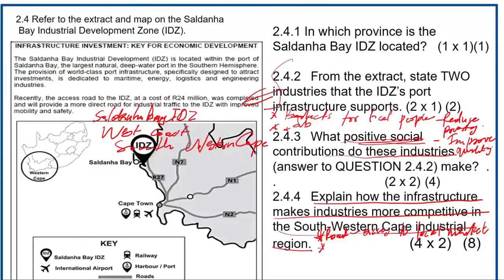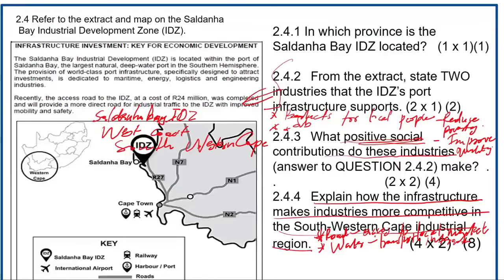Number two, let's talk about water transport. Water transport is going to make access to the international market.